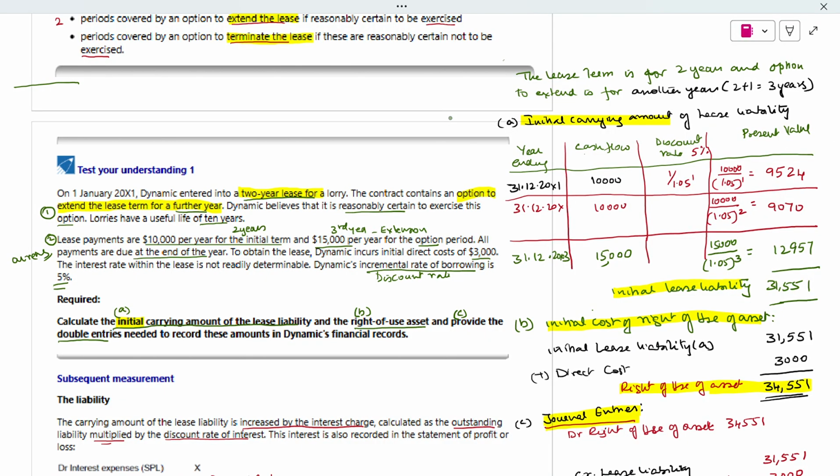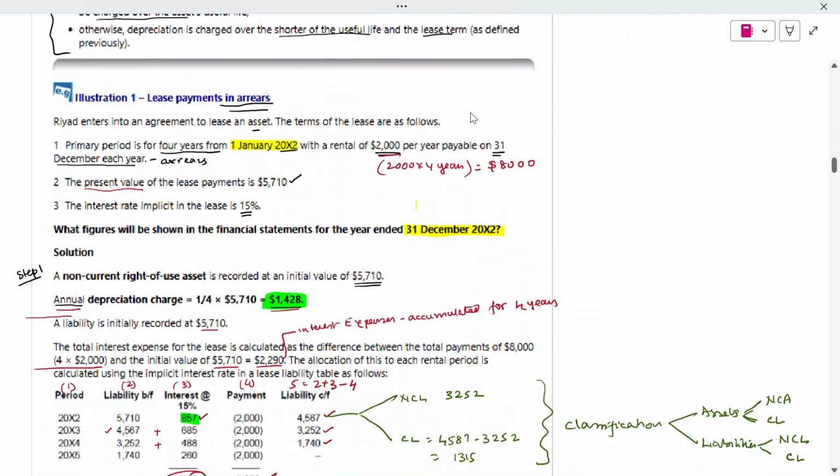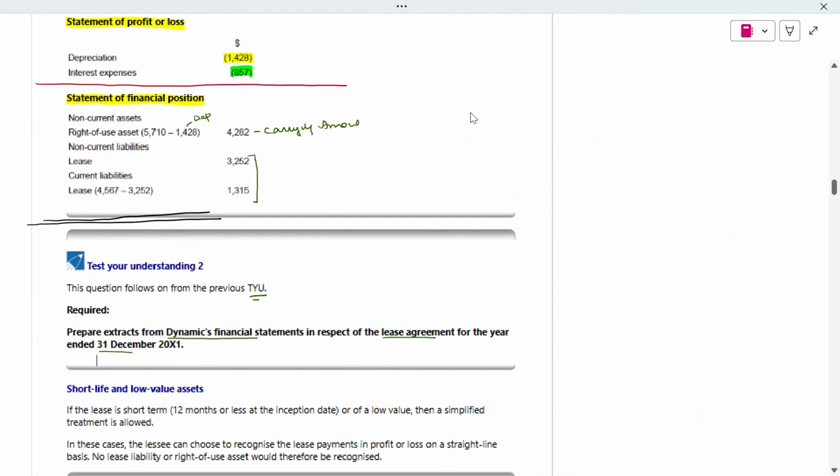They are asking us how much is the lease payment, how much is the depreciation, interest expenses, current assets, current liabilities, non-current liabilities, and the right of use of asset carrying amount. Okay, the same thing.